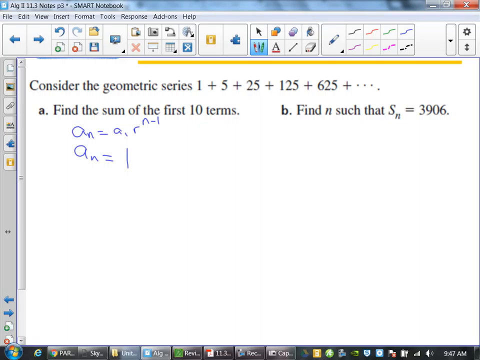First term is 1, the rate is 5, so 5 to the n minus 1. The sum of 10 of them starts with our first term times 1 minus the rate to the n over 1 minus the rate.